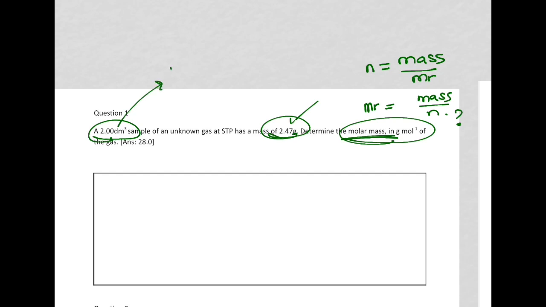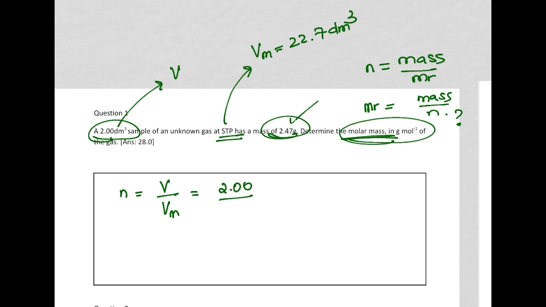And we are given the volume of the gas. So we can use number of moles is volume divided by molar volume. And it says that it is at STP. So then molar volume is 22.7 dm cube. So then number of moles will be 2 dm cube divided by 22.7 dm cube. Then from this we can find the mR using mass over number of moles.